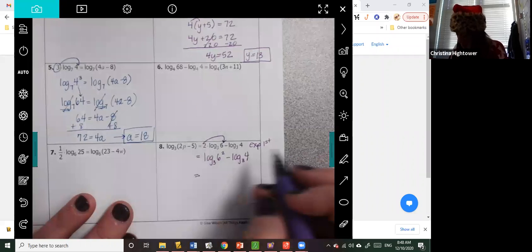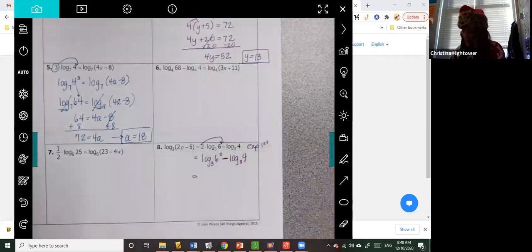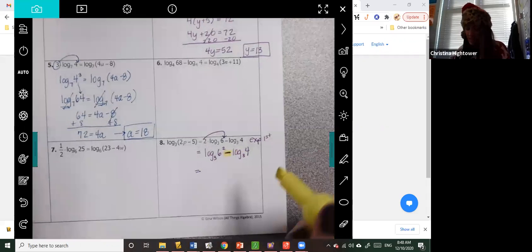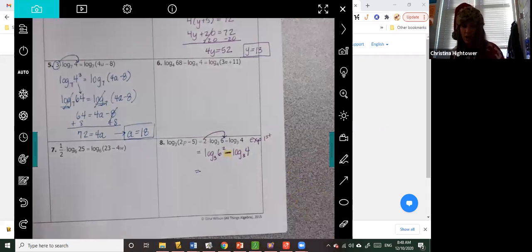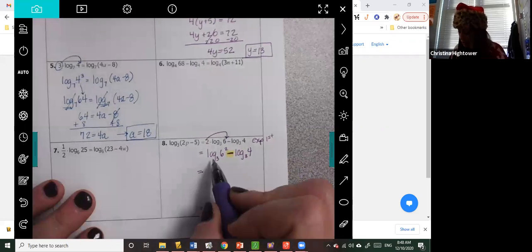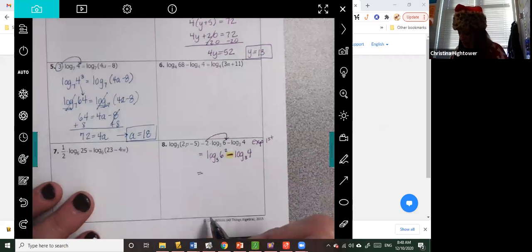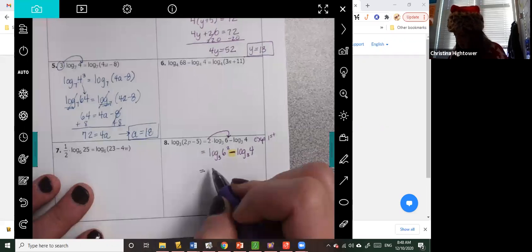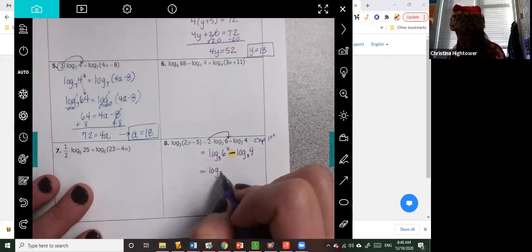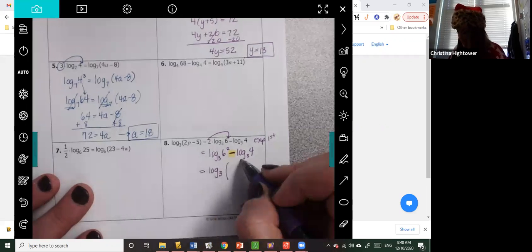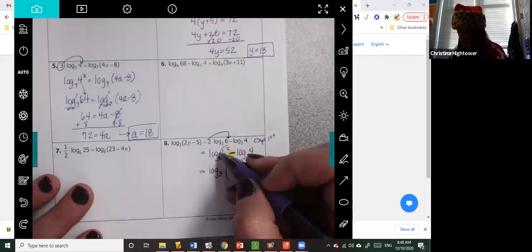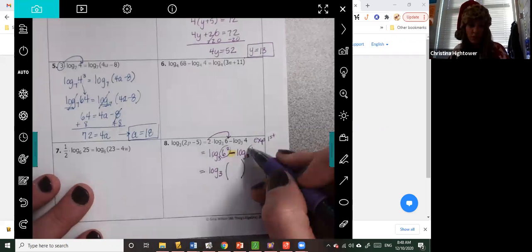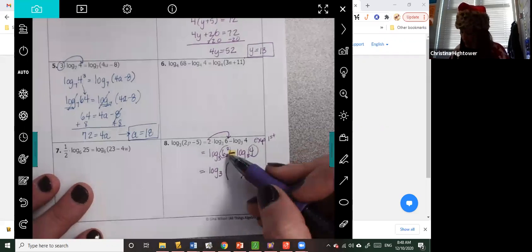And now this minus sign in the middle, this minus sign means to divide. Remember, when you're trying to condense, I have 2 logs, but I need to change it to 1 log. So that means that I rewrite 1 log, do my parentheses, and I have to divide these 2 numbers. So 6 squared is 36 divided by 4.